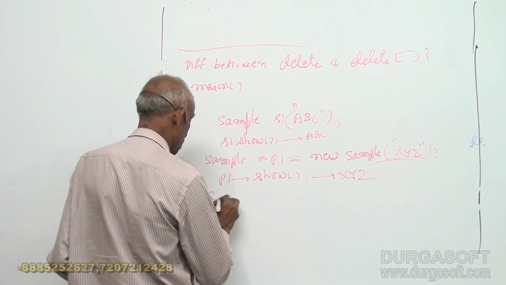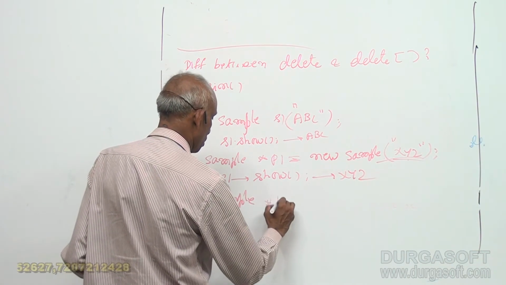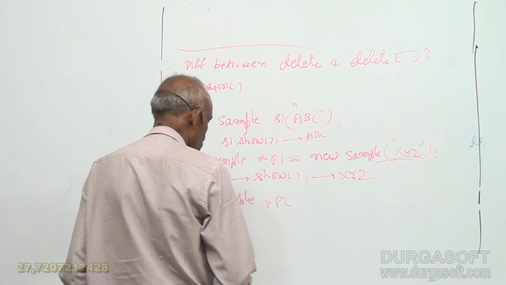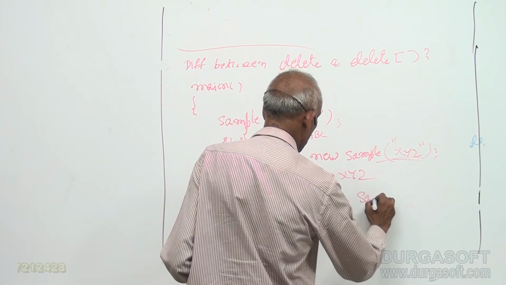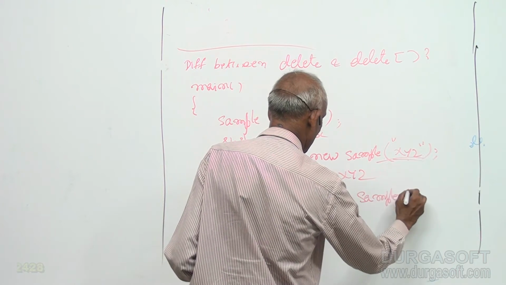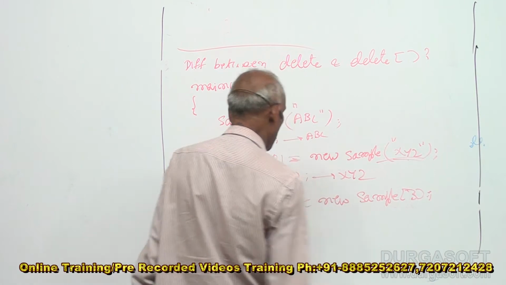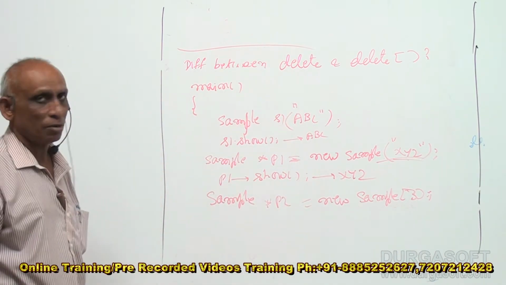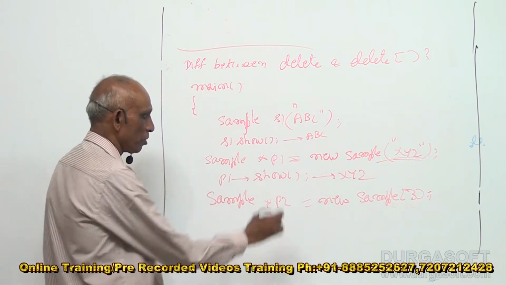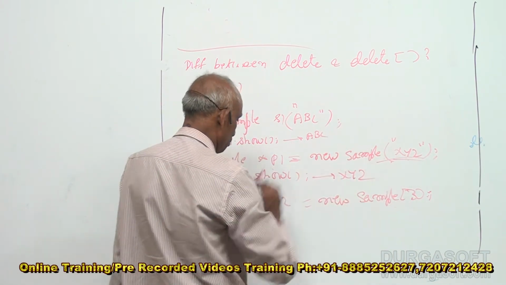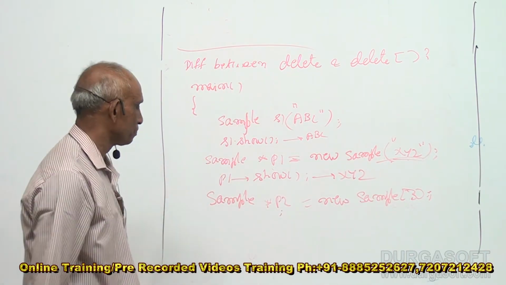Next, sample star P2, I allocate an array, sample array 3. Here an array of 3 sample objects are created dynamically and assigned to P2. Now P1 points to just one object of sample, whereas P2 points to an array of sample objects, 3 objects.